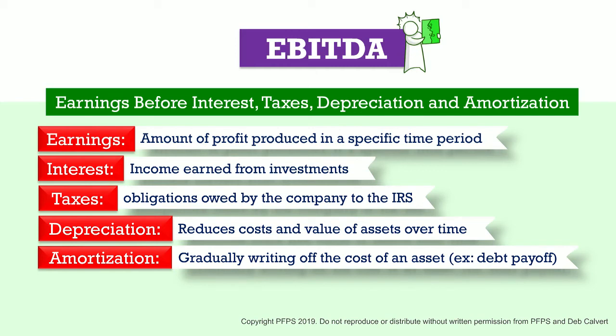Interest is any income that a business earns from its various investments. Taxes, obviously, are any of the obligations owed by the company to the Internal Revenue Service here in the U.S. Depreciation and amortization, both of those reduce the costs of assets that are held by the business over time. When you take those all out of the equation, EBITDA gives investors a good idea of how a company is doing financially.